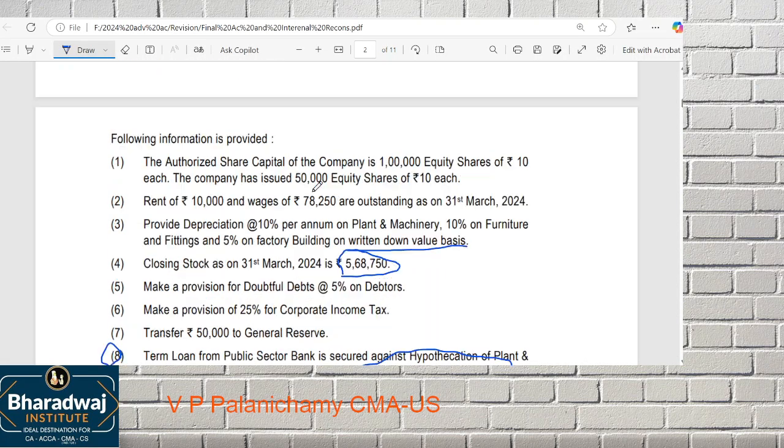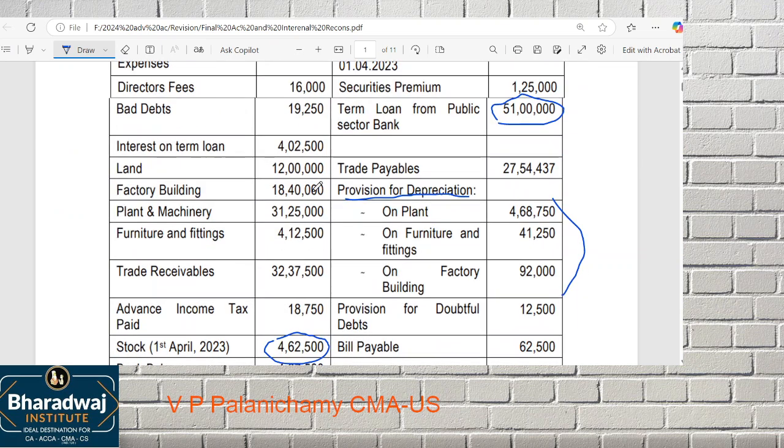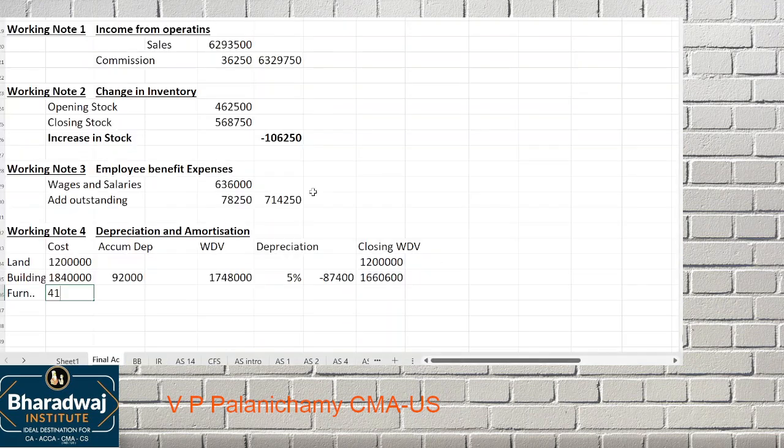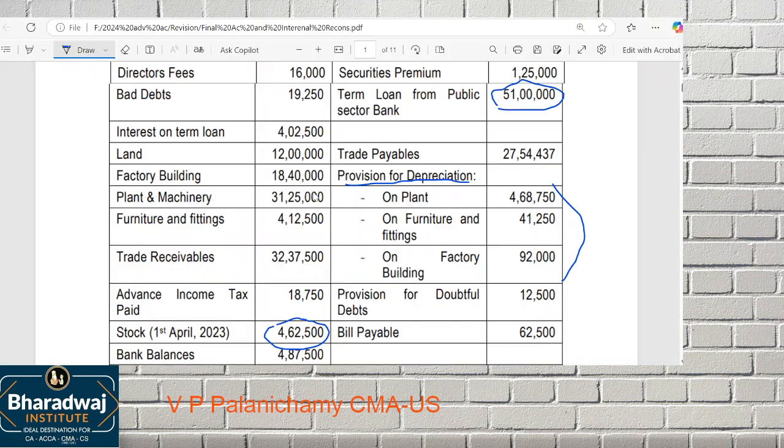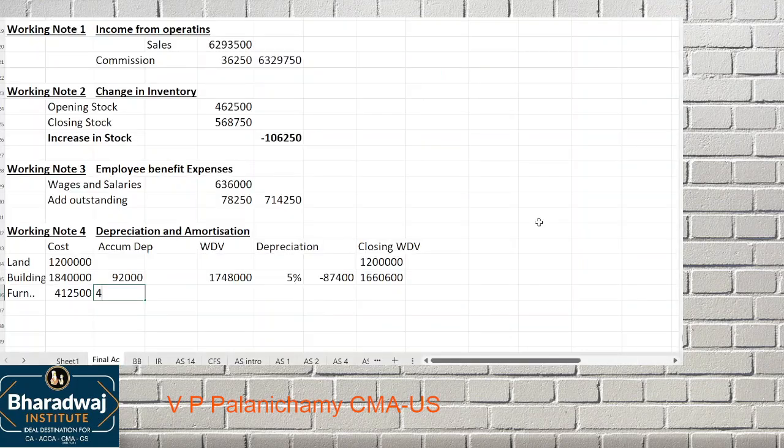What is the cost of the furniture given? 4 lakh 12,500 given. Accumulated depreciation given is 41,250. So WDV on that, what is the rate of depreciation? 10%. You will get closing WDV.